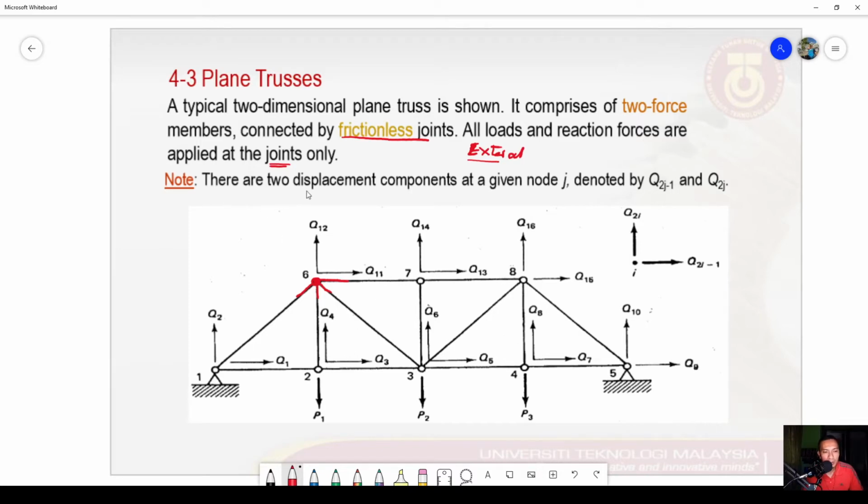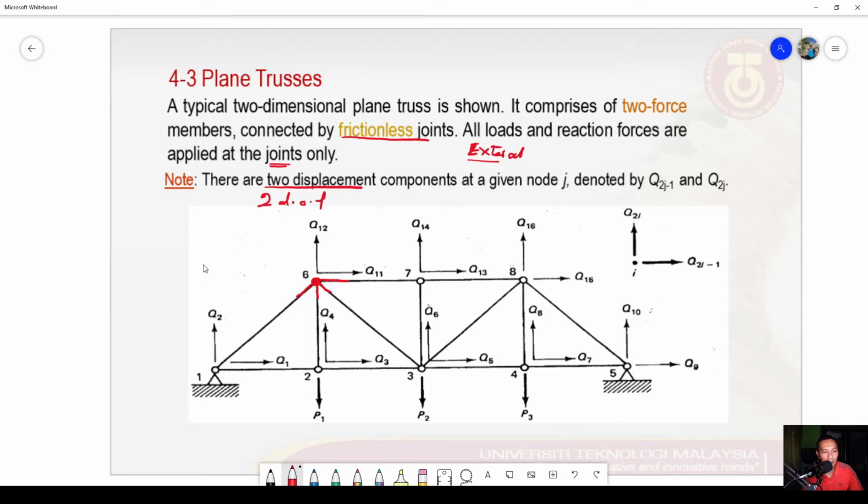There are two displacement components at each nodal point or at a given joint or node J as shown in this figure. These two displacements are also called the two degrees of freedom.